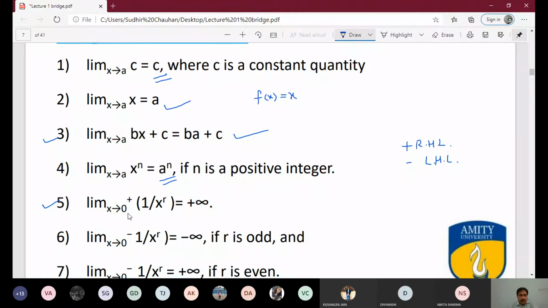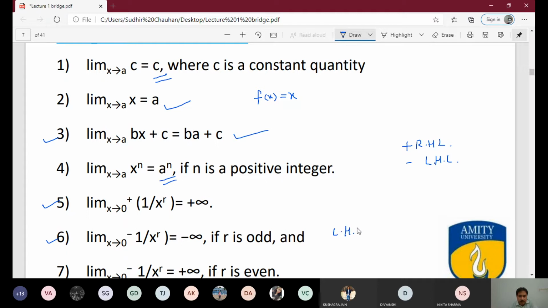So we are approaching 0 from slightly greater than 0. So it is the right hand limit, and for 1 upon x raised to power r, it will be plus infinity, because the denominator is approaching 0. Now limit x tends to 0 minus, so it is the left hand limit.